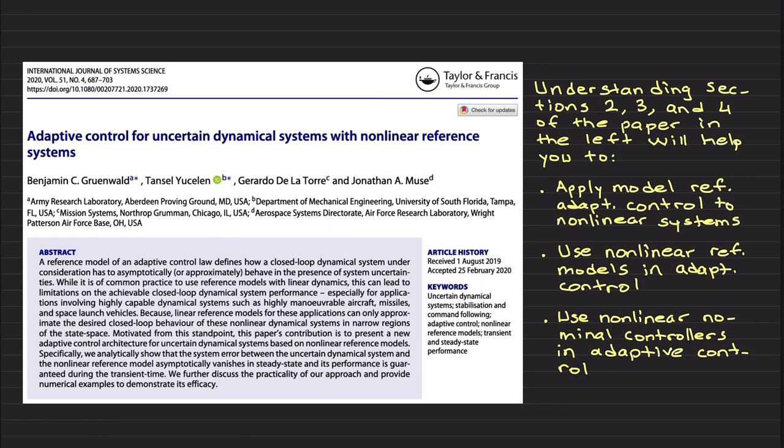These nonlinearities are sometimes helpful, so we don't want to cancel their effect. Understanding especially sections 2, 3, 4 of this paper published in 2020 will help you to apply model reference adaptive control concepts to nonlinear systems, and allow you to use nonlinear reference models in adaptive control.